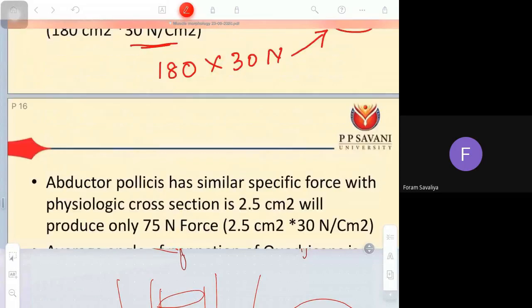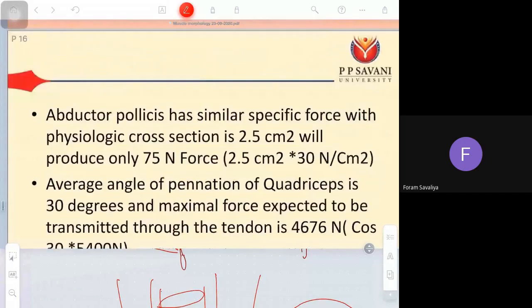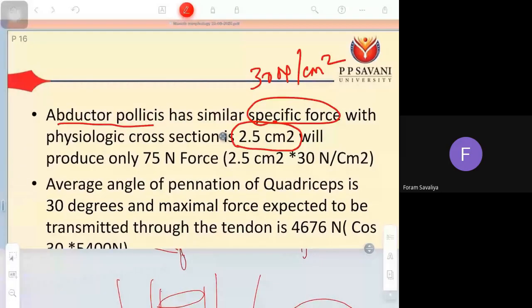Clear? Now another example, you take adductor pollicis. It's a hand muscle, an intrinsic muscle. With similar specific force, that is 30 Newton per square centimeter, and cross-sectional area of 2.5 square centimeter, it will produce only 75 Newton force.